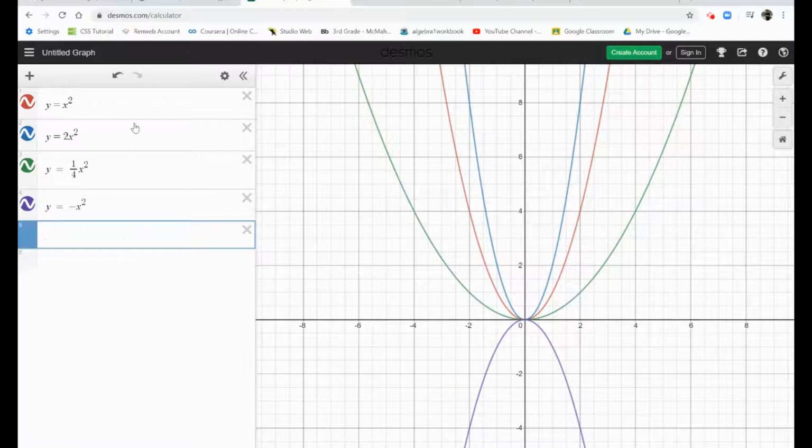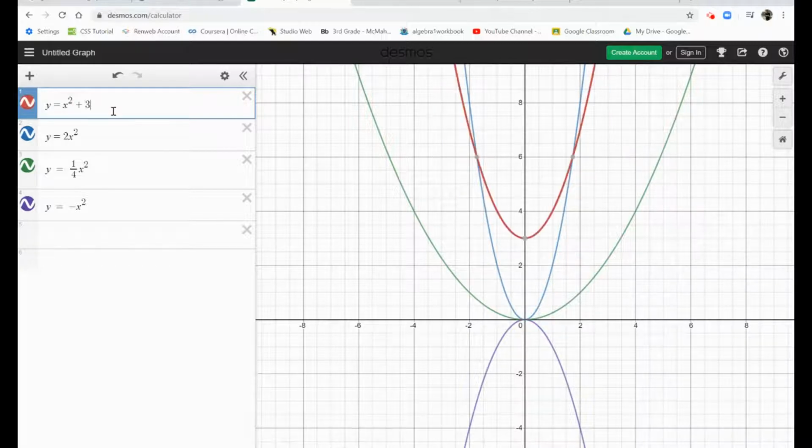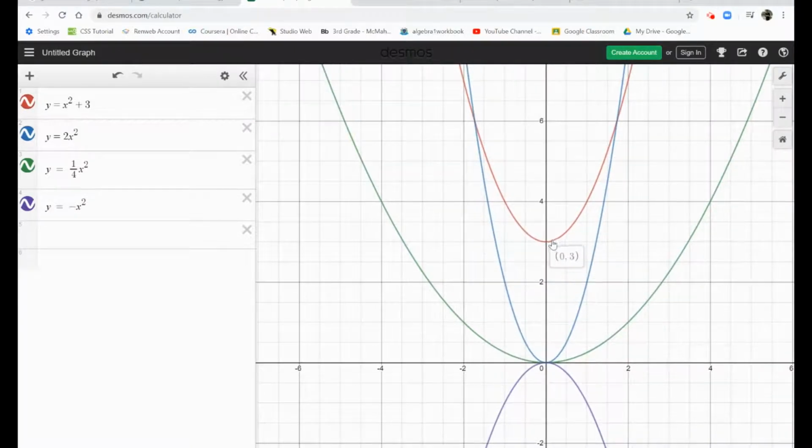Now, let's go back to the y equals x squared graph, which is the graph in red. What if I did y equals x squared plus 3? Now the graph, instead of having a vertex at 0, 0, has a vertex at 0, 3.